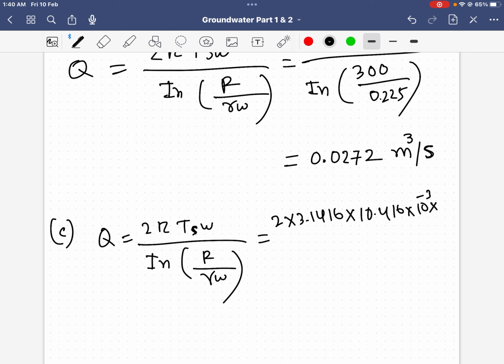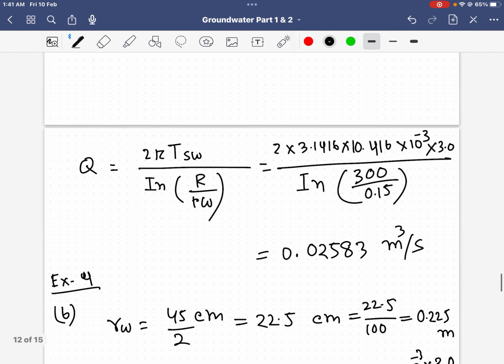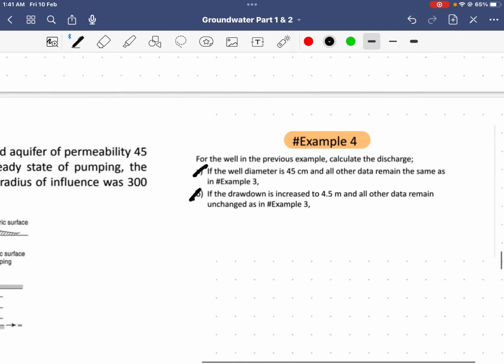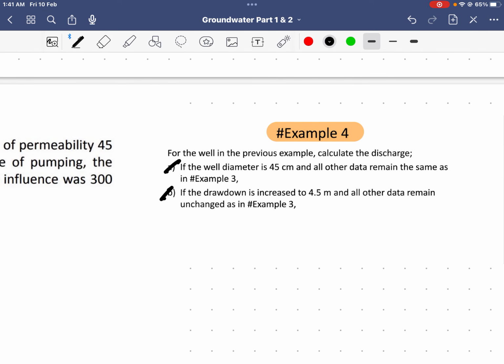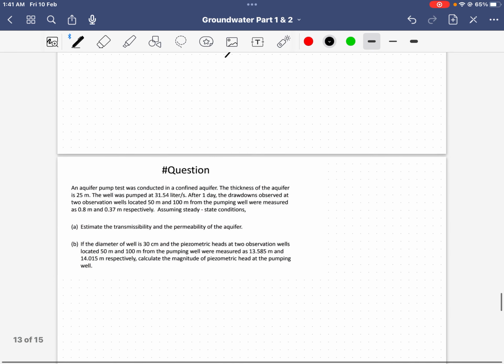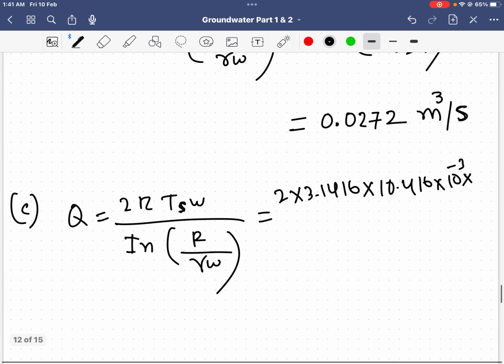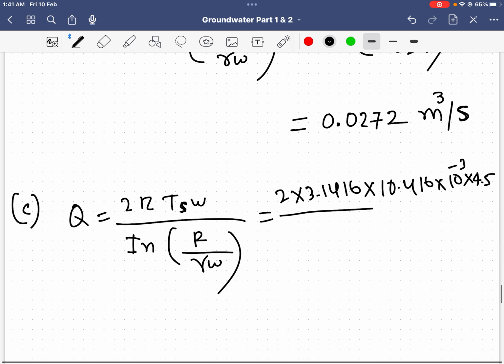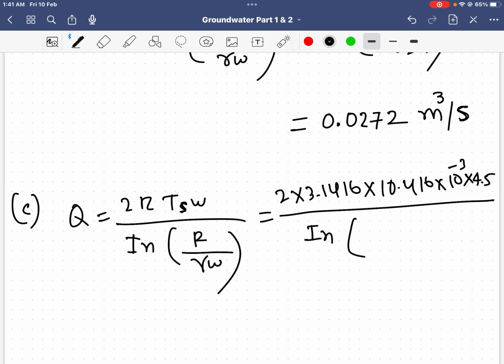In this case I only have to change Sw, because the question told us to use the increased value, 4.5. So I just write 4.5 here, divided by ln of the same values, because they told us to keep all those values the same.